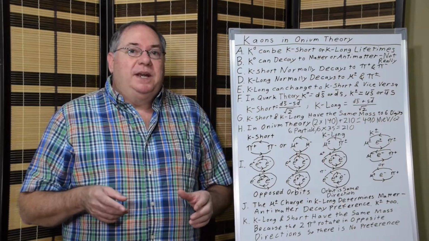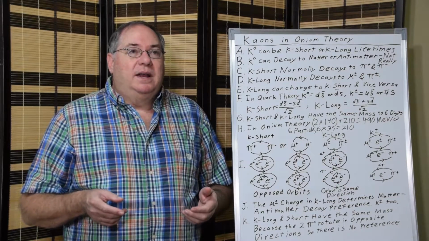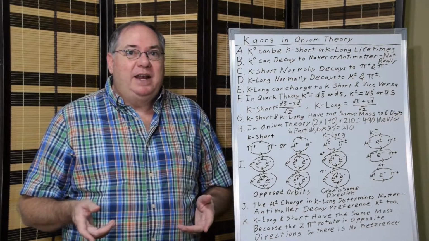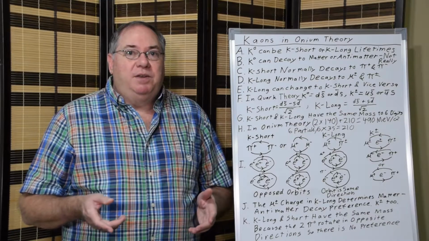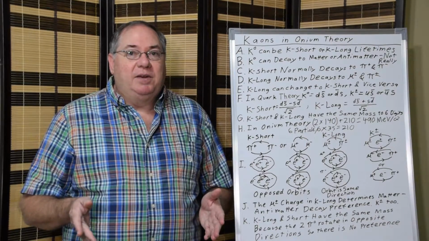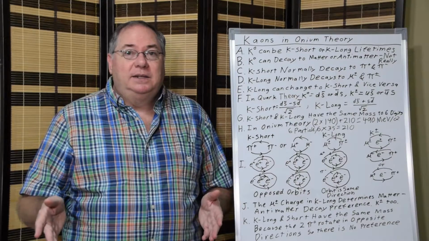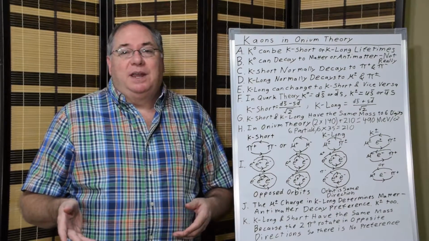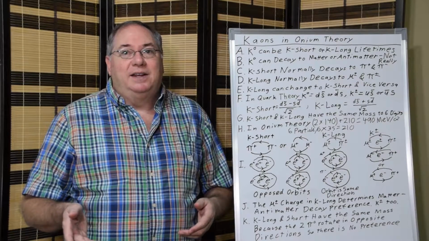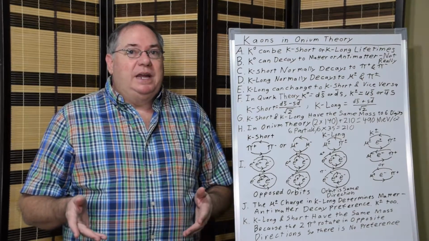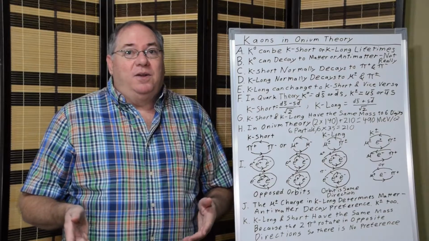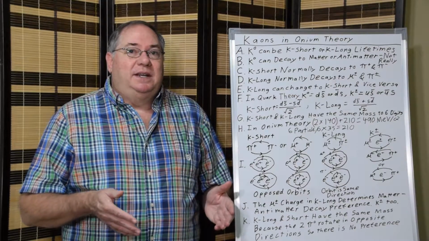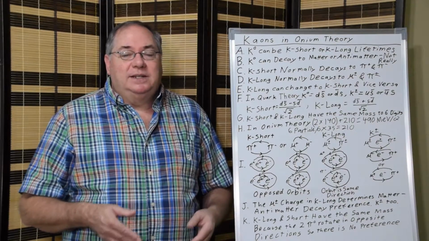But one of the things here is that the K naught isn't really matter or antimatter. Because if you run out the entire decay chain, including the decay of the pion that it decays to, there's an equal number of electrons and positrons inside a kaon. So it's not really matter and antimatter at all. It just has a bias in the way that it decays.